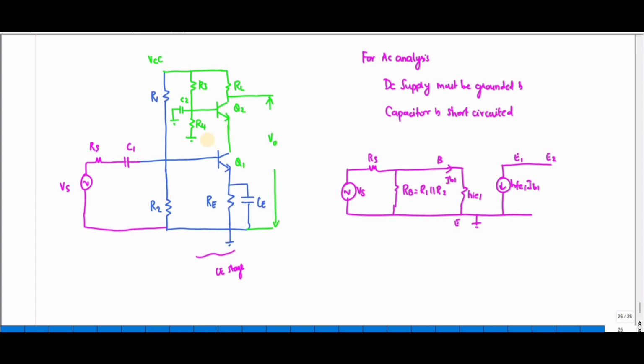This entire circuit is nothing but your common base stage.